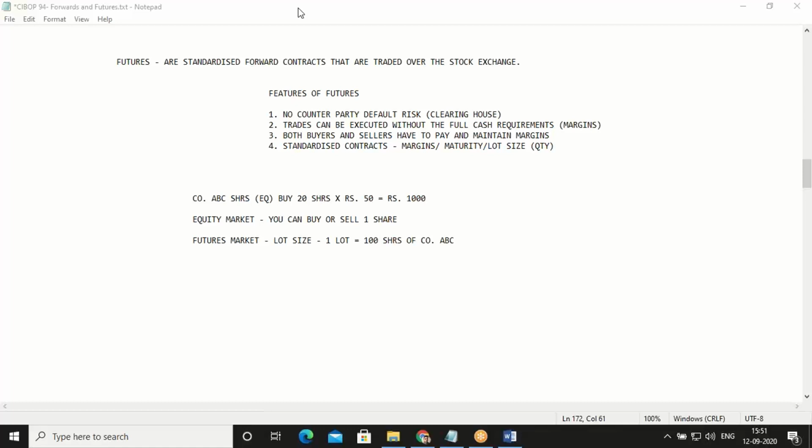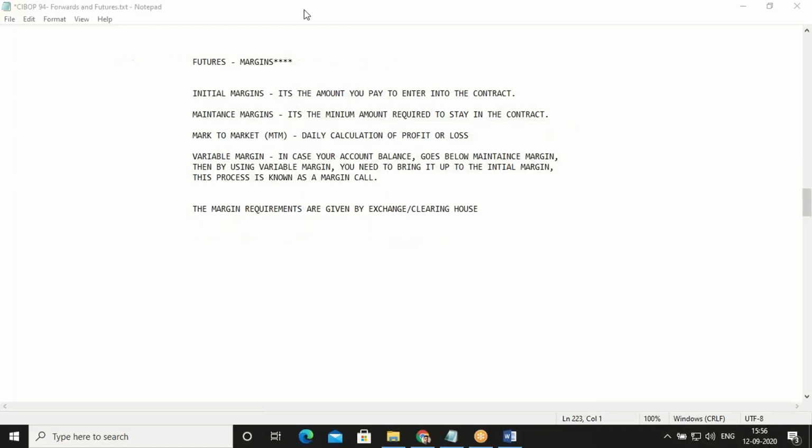The first one is what we call an initial margin. An initial margin is the amount you pay to enter into a futures contract. The next one is the maintenance margin, which is the minimum amount required to stay in the contract.